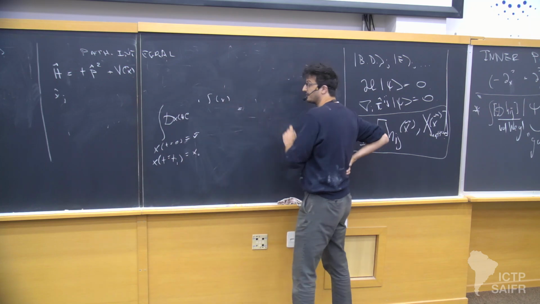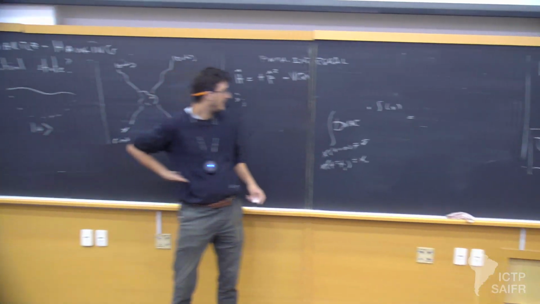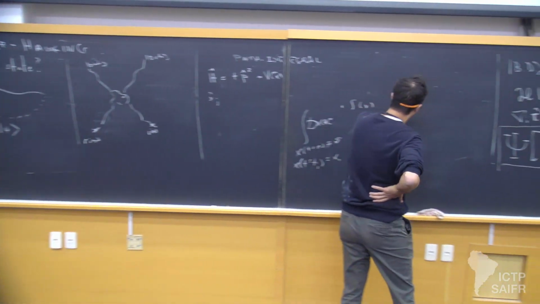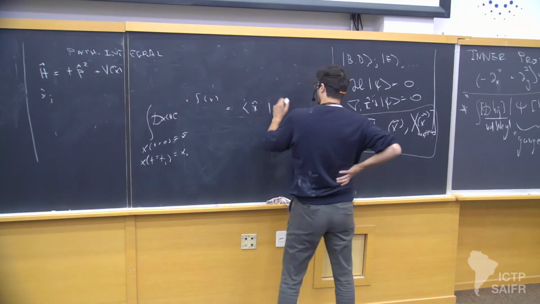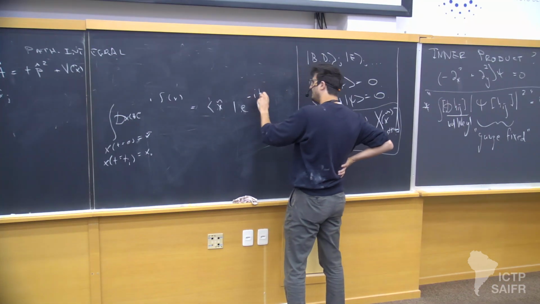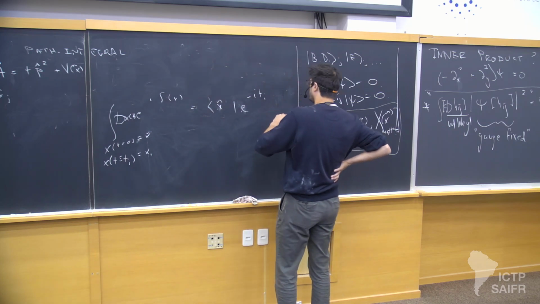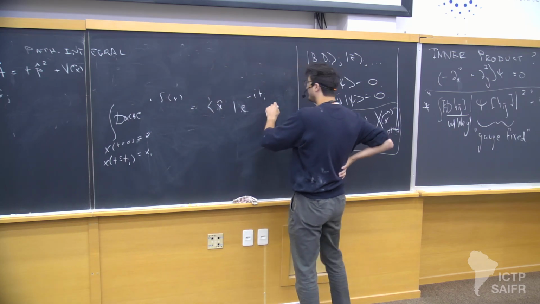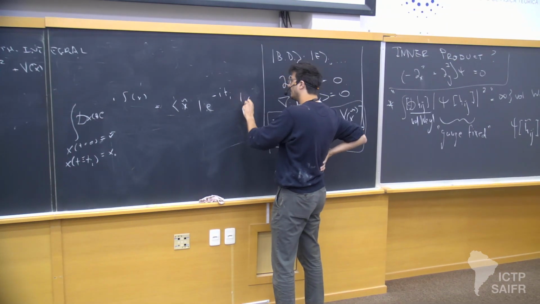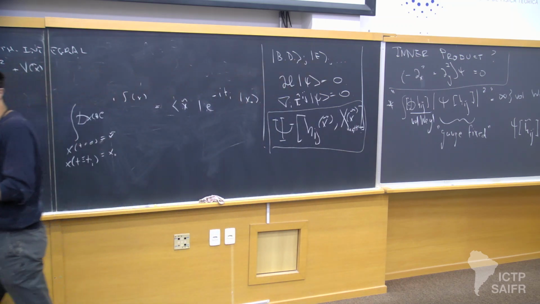So this thing, which is a transition amplitude, tells us the amplitude for a state to evolve during a time period t, from some initial state to some final state. Yeah, so this is a transition amplitude.